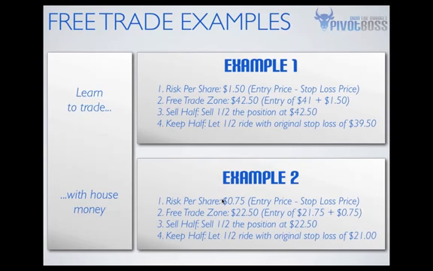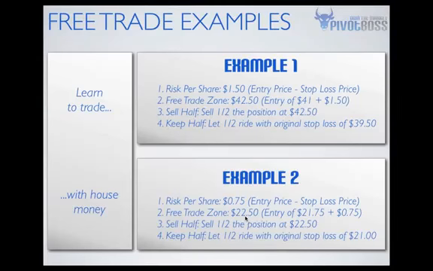Number 2, risk per share. If the entry is $21.75 and your stop loss is going to be 75 cents, project that 75 cents higher from the $21.75 entry to get $22.50. That's your free trade zone. Now when price reaches $22.50, sell half of your position and keep half with the original stop of $21.